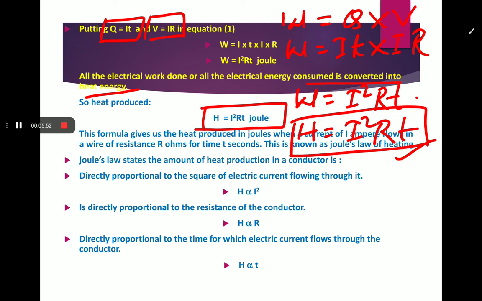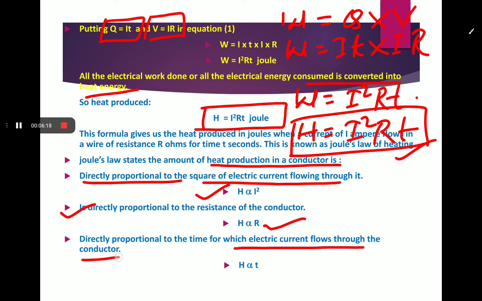Joule's law states that the amount of heat produced in a conductor is, first, directly proportional to the square of the electric current flowing through it. Second, the heat is directly proportional to the resistance of the conductor. And third, the heat is directly proportional to the time for which the electric current flows through the conductor. These are the three factors.